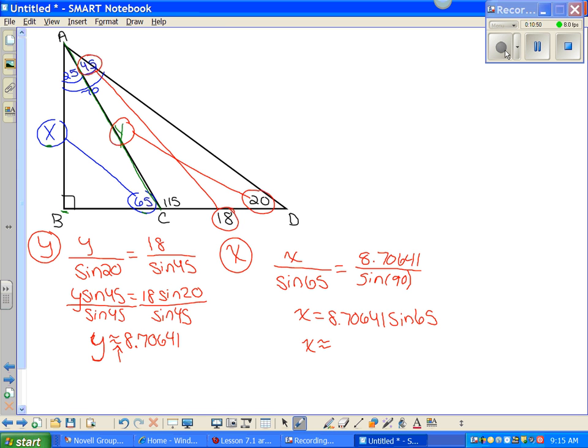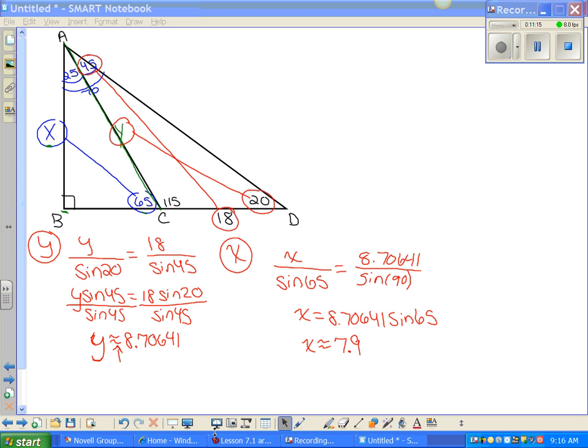What do we get to the nearest tenth? 7.9. Good. Okay, so we're going to get a lot of these two-step application problems. Was it hard? It's just figuring out where you have to start, right? So you always start by filling in as much information as you can get.